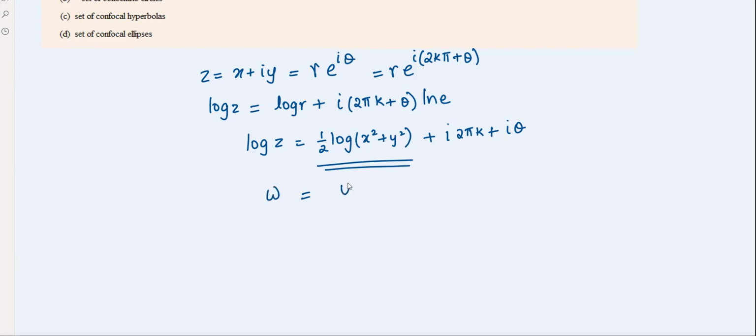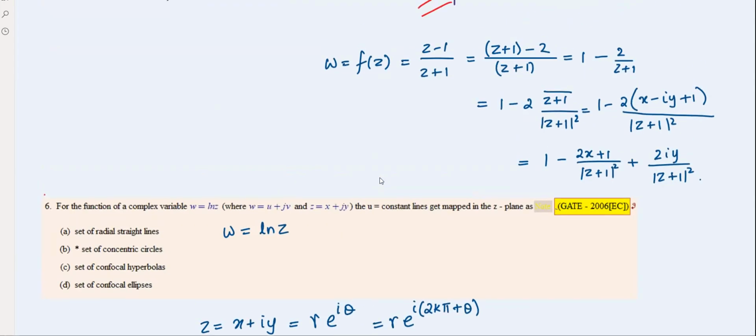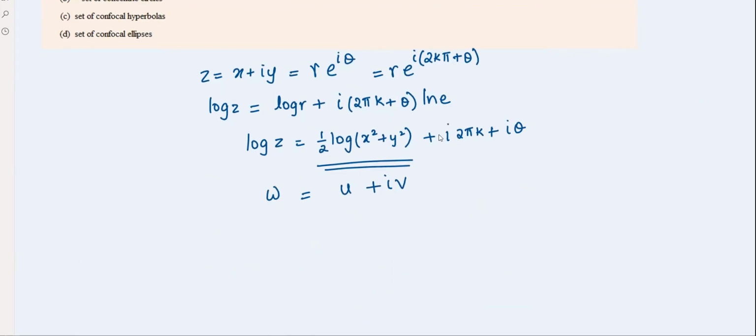W is log z, which is u plus iv. So u is half log of x square plus y square, and v is 2k pi plus theta.